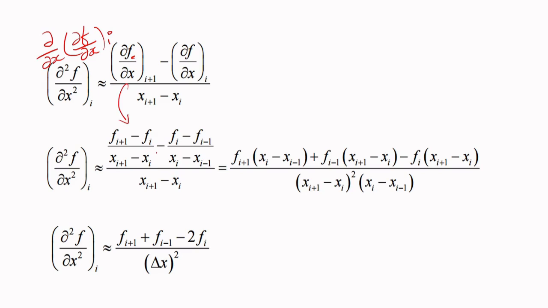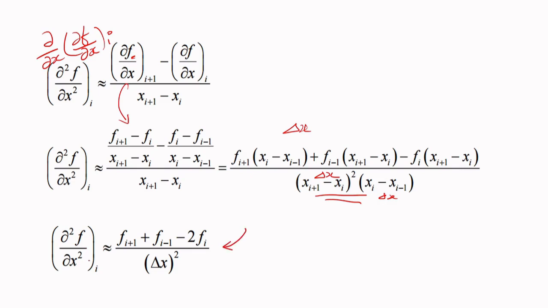After cross multiplication and simplification, it becomes like this. Here again, if we take a uniform grid, then it becomes delta x, and substituting these as delta x, this also delta x. The final result we are getting is this one.